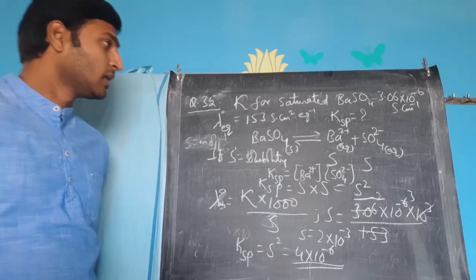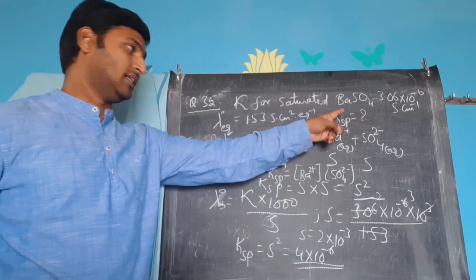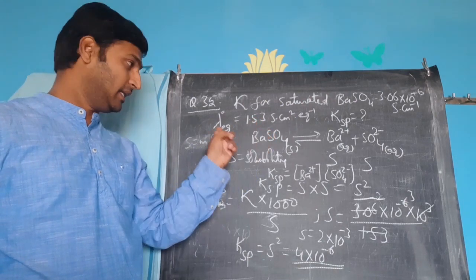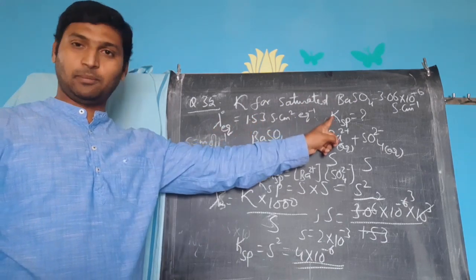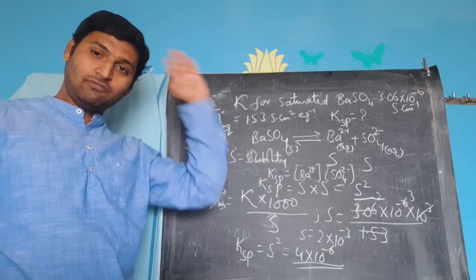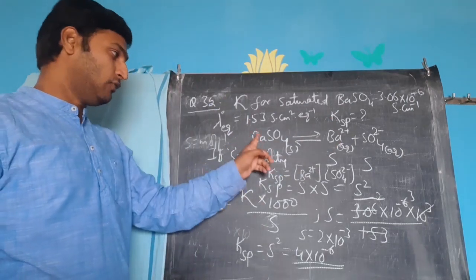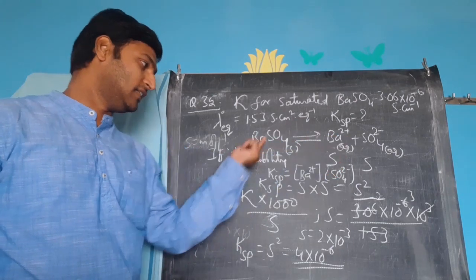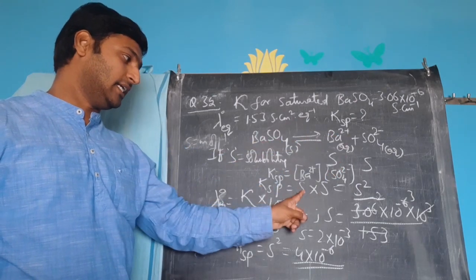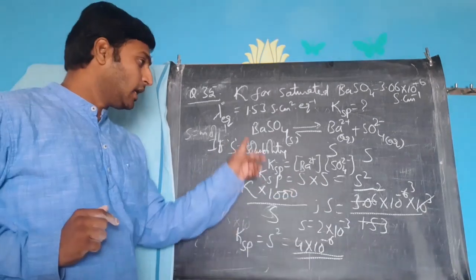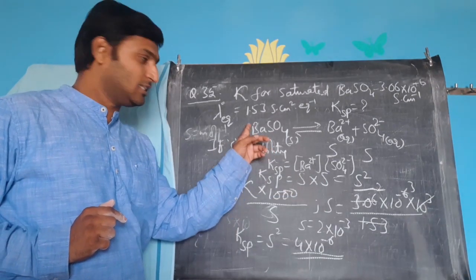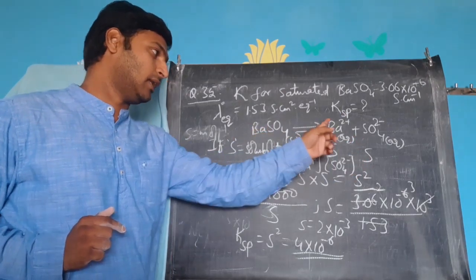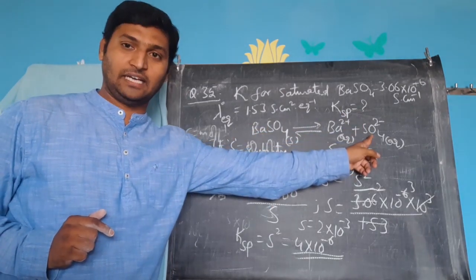So quickly, a sparingly soluble salt was given. Its conductivity and limiting equivalent conductivity are given. Solubility product is asked. Now again from the ionic equilibrium concept, for sparingly soluble salts, KSP will be based on the formula of the salt. KSP will be calculated in terms of its solubility. Because barium sulfate contains 1 mole each of cation and anion, for every 1 mole of barium sulfate, 1 mole of barium cation and 1 mole of sulfate anion is formed.